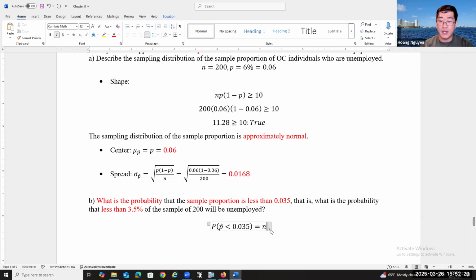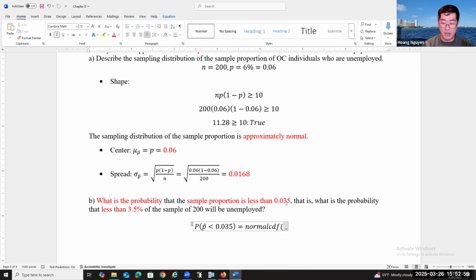Because this is the normal distribution, I will use the normal CDF calculation to answer this probability question. So we're looking for less than 0.035. You might need to draw the normal curve and determine the lower bound. Less than 0.035 means that we're going to go from 0.035 all the way to the left, to negative infinity.